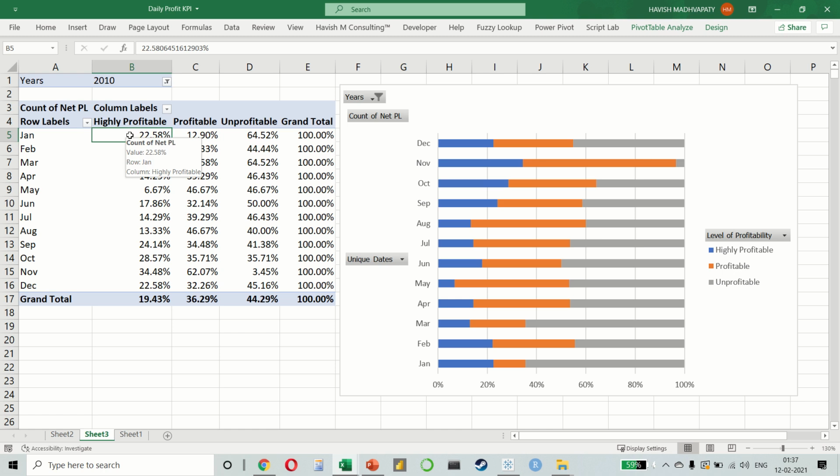So that is how we find the daily profit KPI, which means the percentage of days in a month where the business was profitable, highly profitable, or unprofitable.